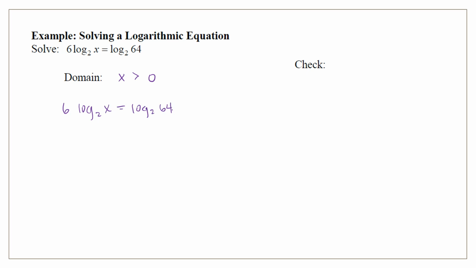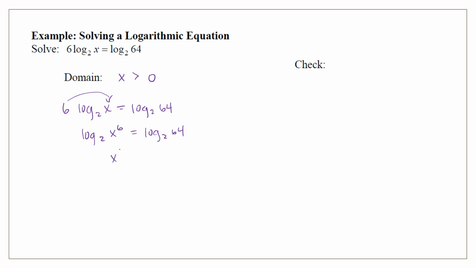So taking our equation, 6 times log base 2 of x equals log base 2 of 64, we are going to write our log as a single logarithm with no factors being multiplied. So we'll move the 6 to the power location. So that'll be log base 2 of x to the 6 equals log base 2 of 64. So now that we have single logs, we can now drop the logs.